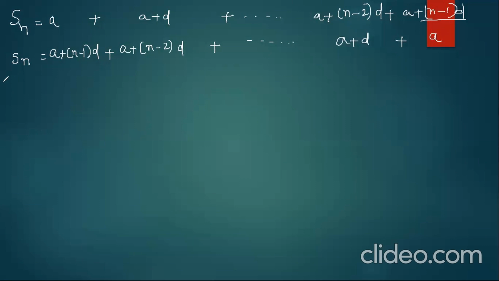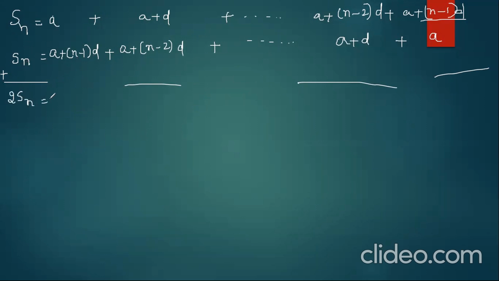Now I am adding everything, the left side and the right side. So Sn and Sn becomes 2Sn.